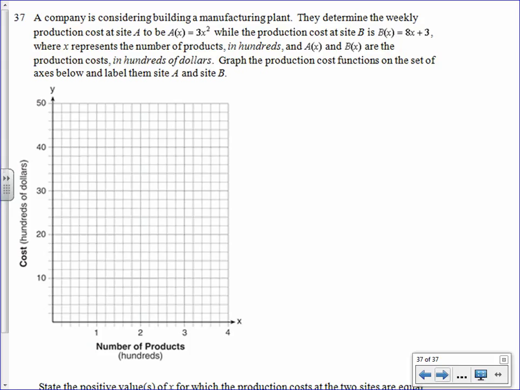The company is considering building a manufacturing plant. They determine the weekly production cost at site A to be A of x equals 3x squared, while the production cost at site B is B of x equals 8x plus 3, where x represents the number of products in hundreds. So x equals number of products in hundreds.